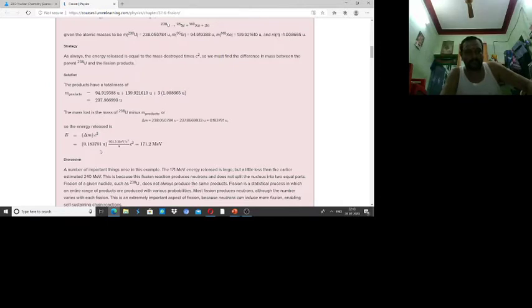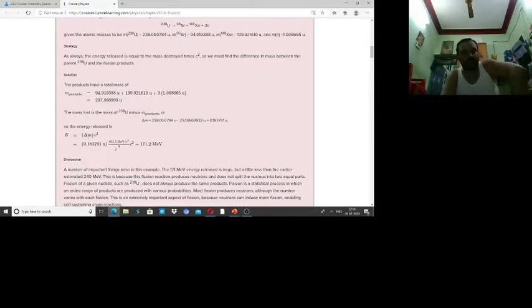This is called the atomic mass unit. You have c squared, where c is 3 into 10 to the power 8 meters per second. You have to square it to get the energy. You just have to convert this atomic mass unit into joules.